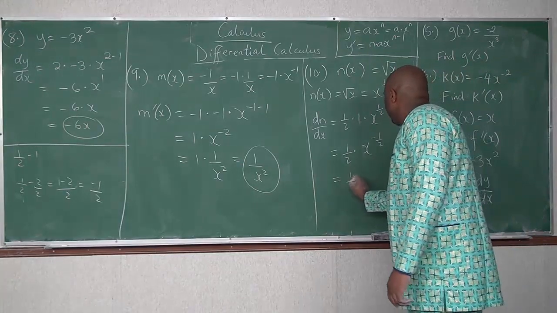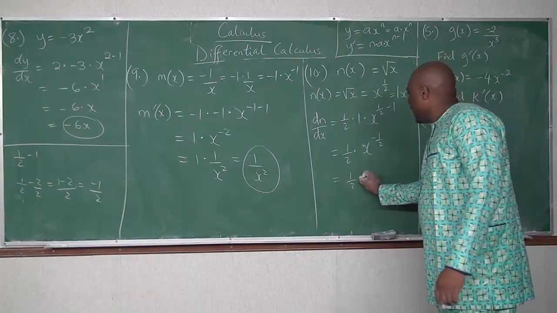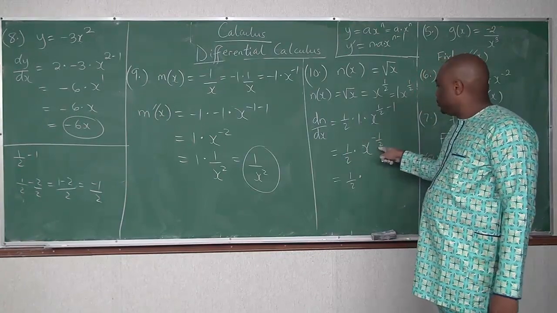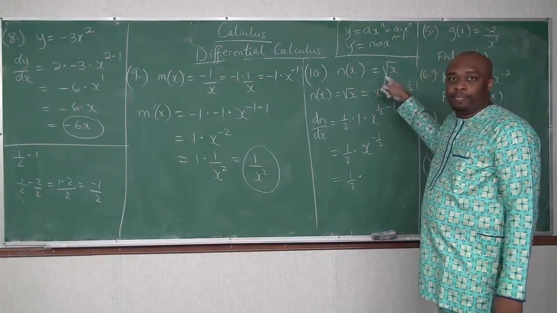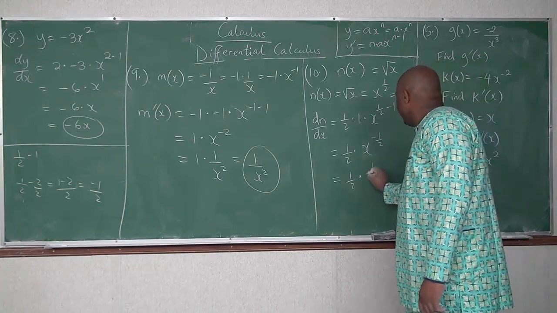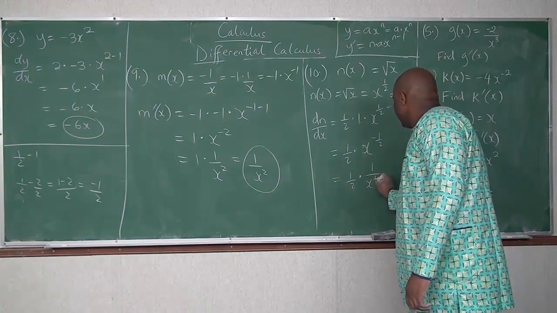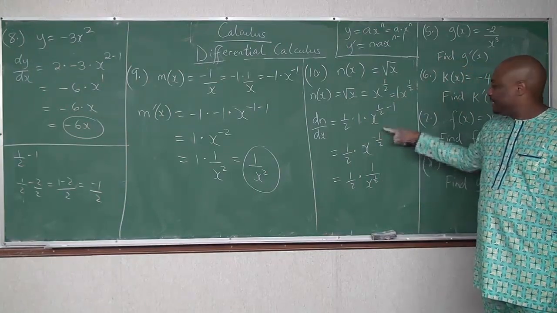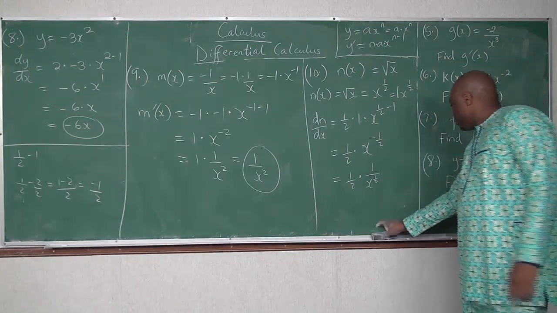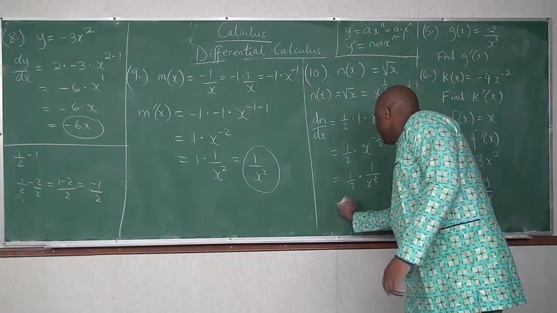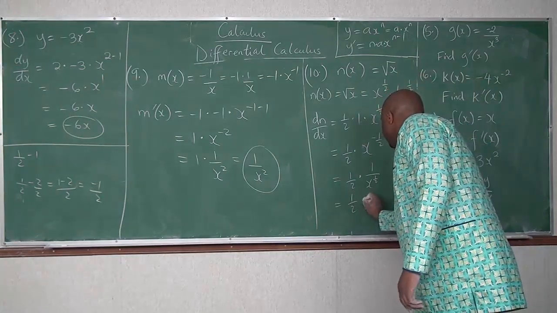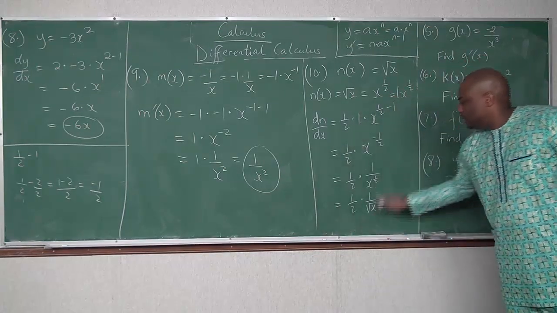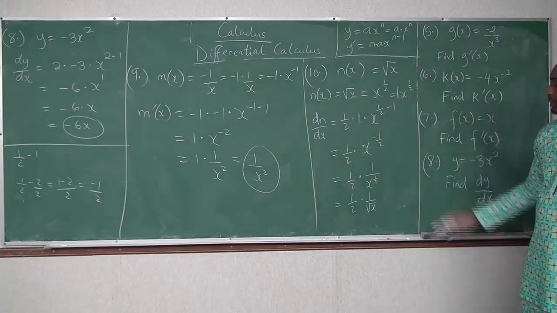So this will be 1/2 times, because we want to put this in radical form, 1 over x to the 1/2. It's a negative exponent, so let's put it in positive exponent. So this will now be 1/2 times 1 over the square root of x.